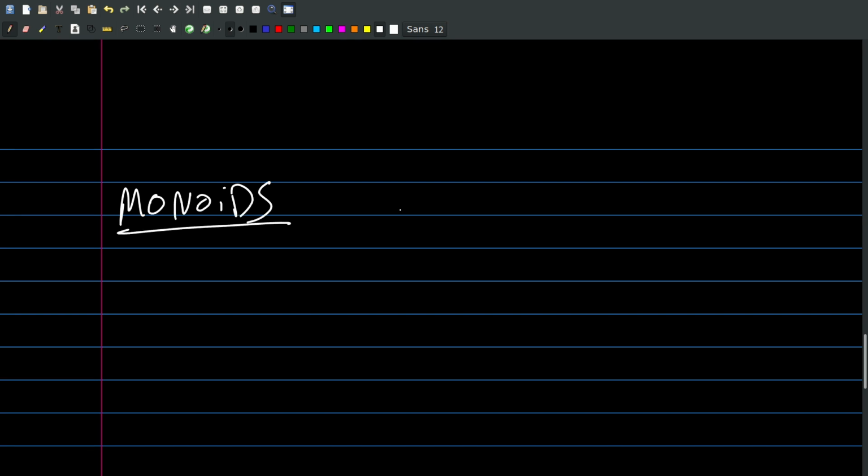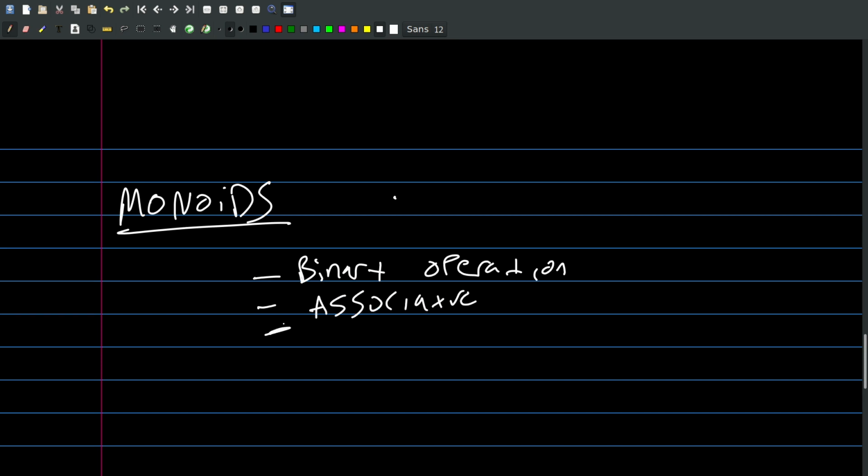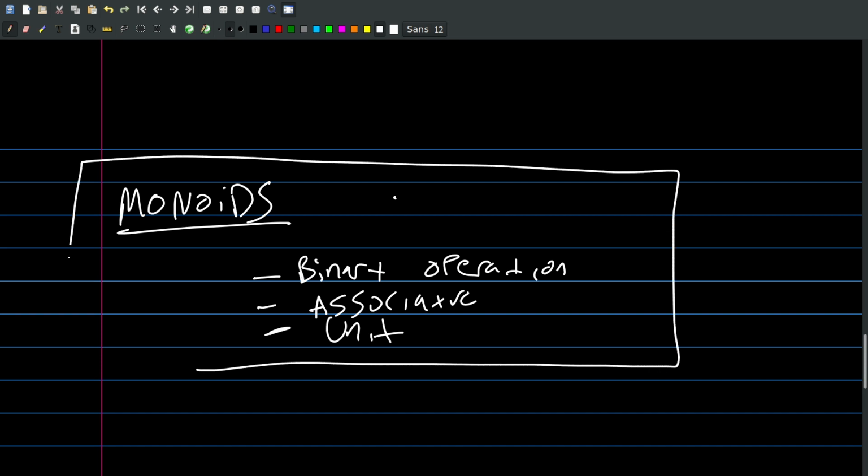And that's a binary operation that's associative, and that has a unit. And that's in essence the definition of a monoid. And the set G cannot be empty. Forgot about that.